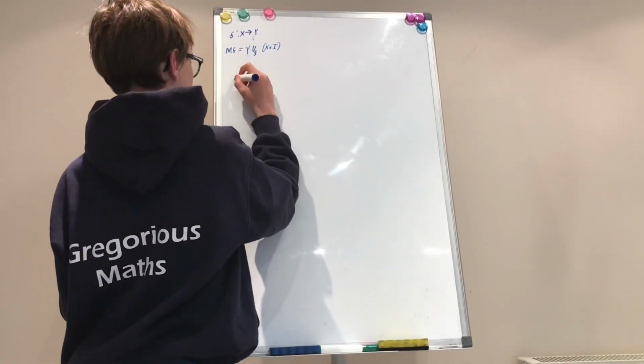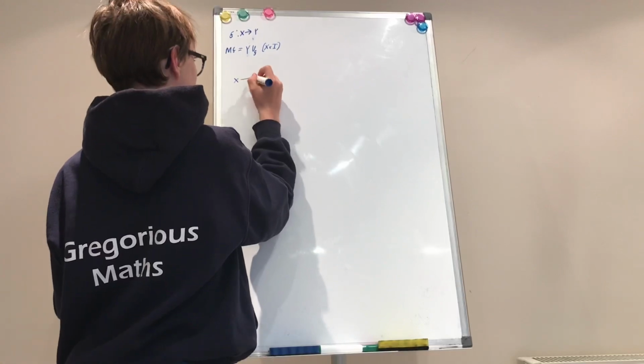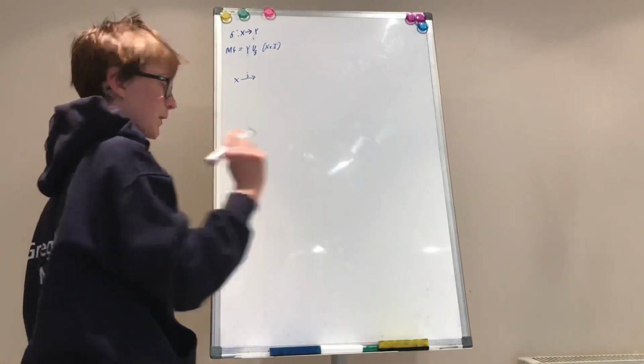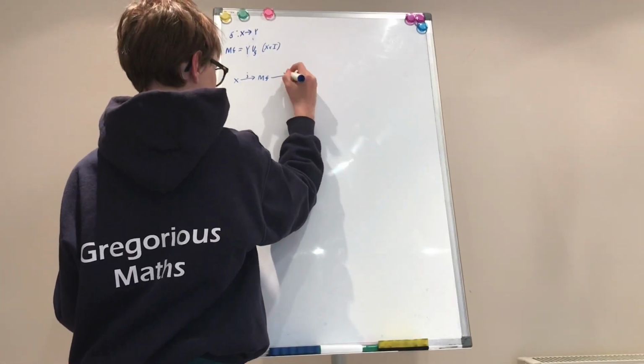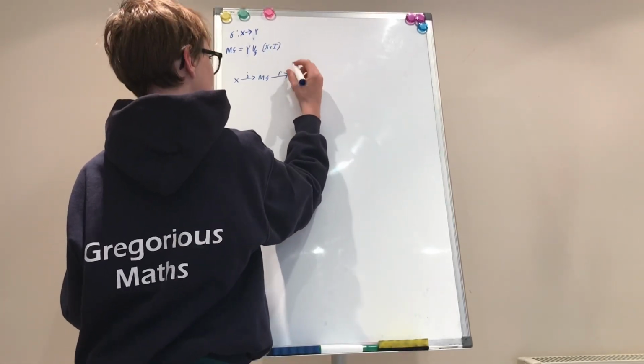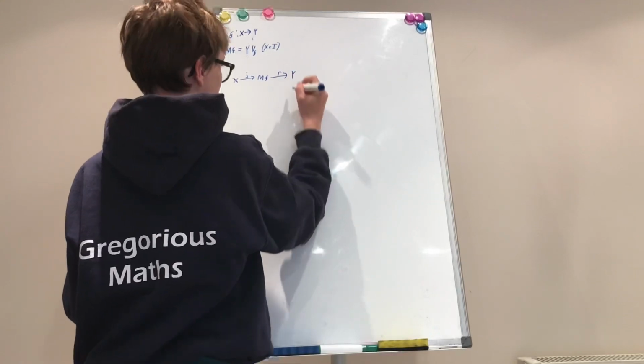So we have X, which maps via J, some map which I'm going to explain in a little bit, to M_F, and then that maps via R to Y.